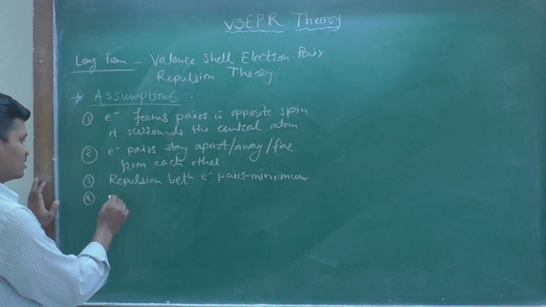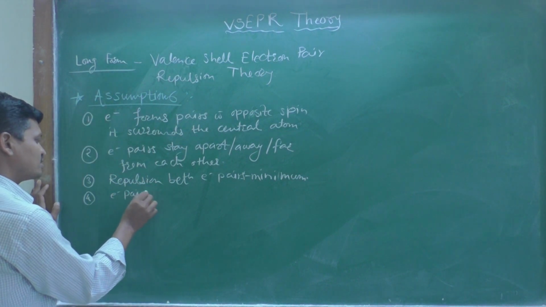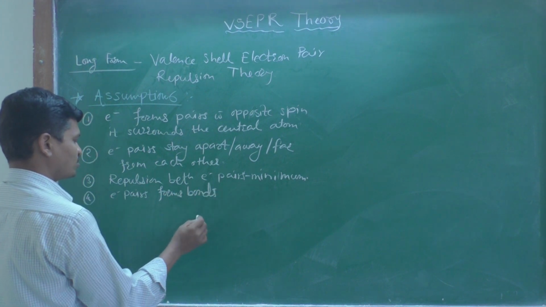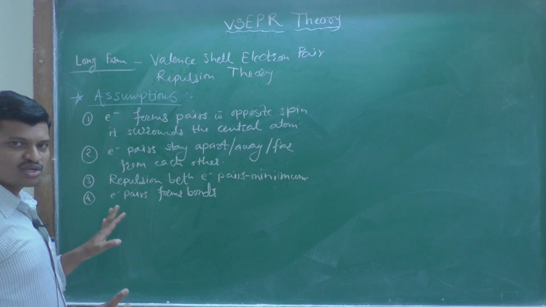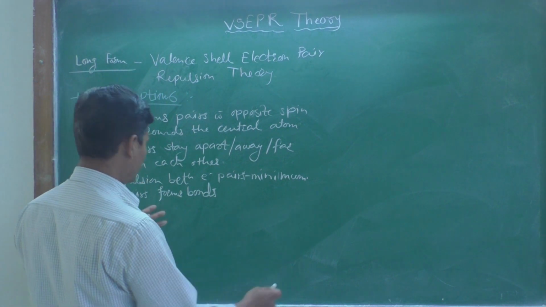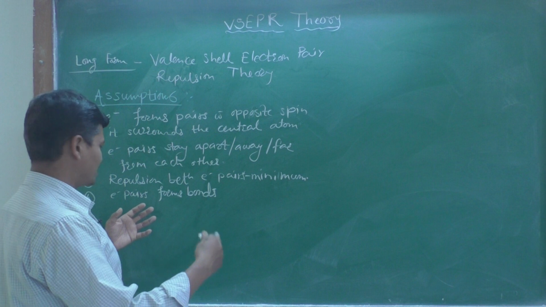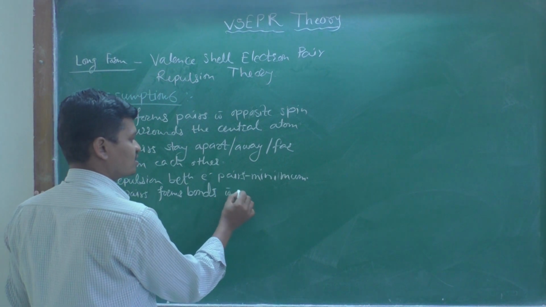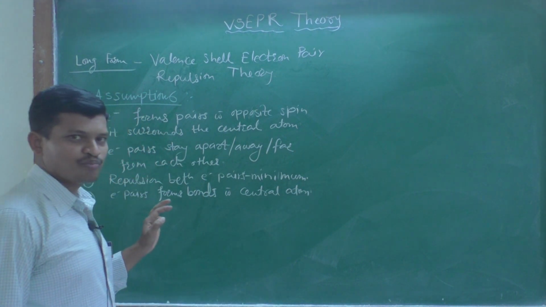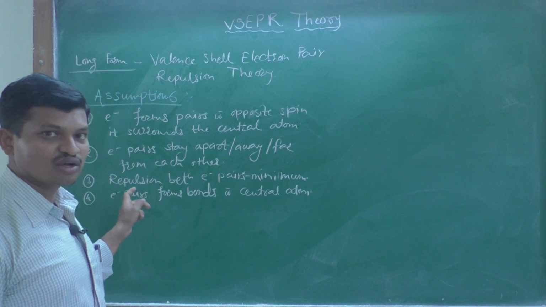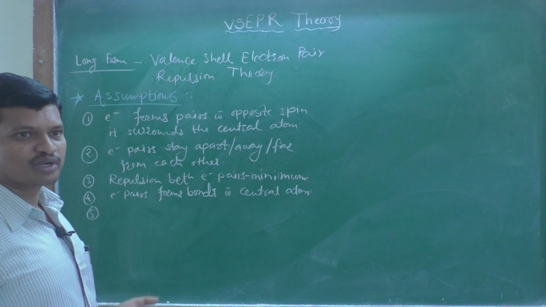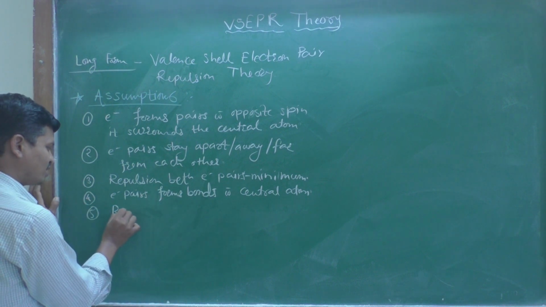Okay, so electron pairs form bonds. Not all, this is not a necessary condition; it is some or all. This is the possibility. Some or all electron pairs around the central atom may form bonds with the surrounding atoms. Now, as we have stated, not always all, and due to this there are two types of electron pairs. One is called the bonded pair of electrons.